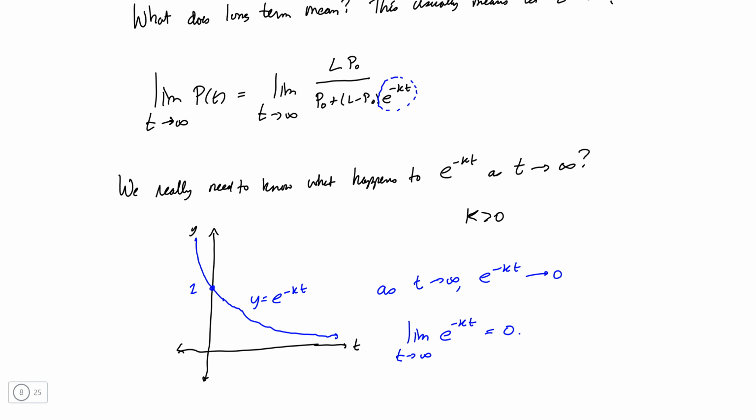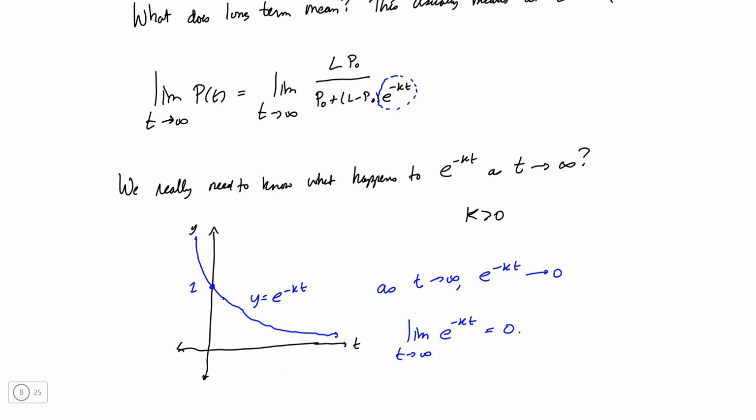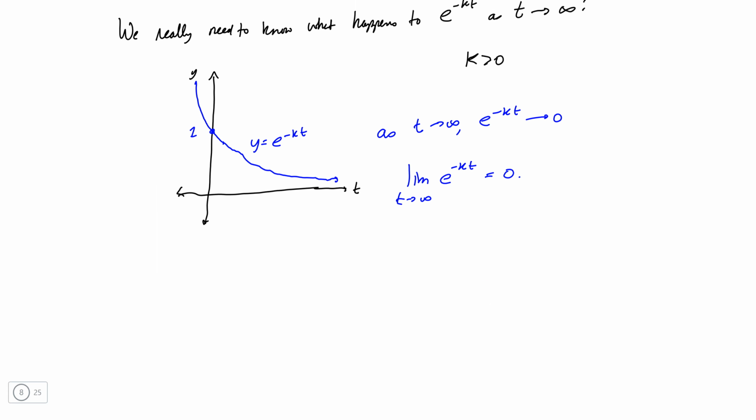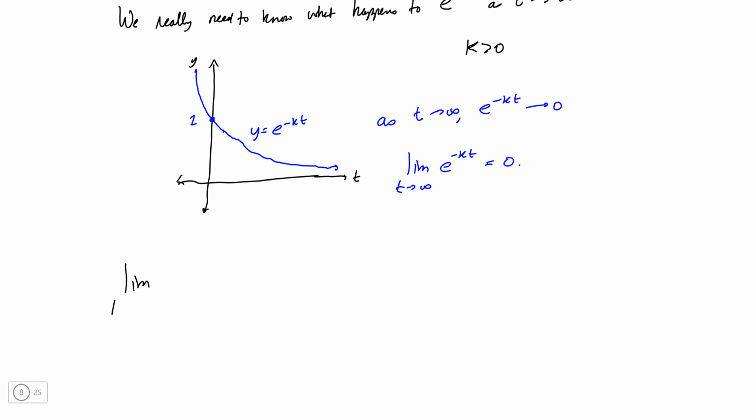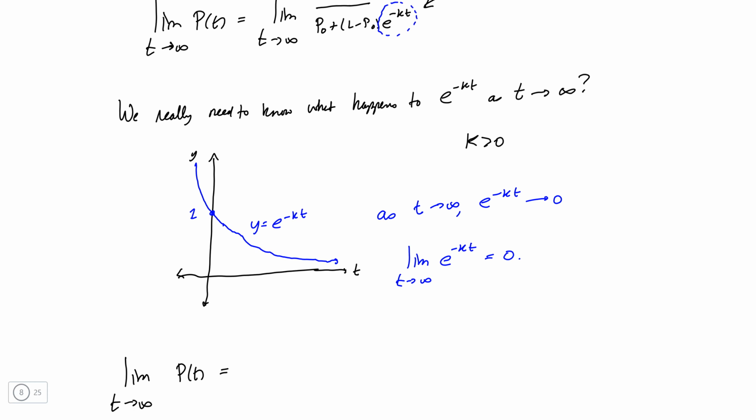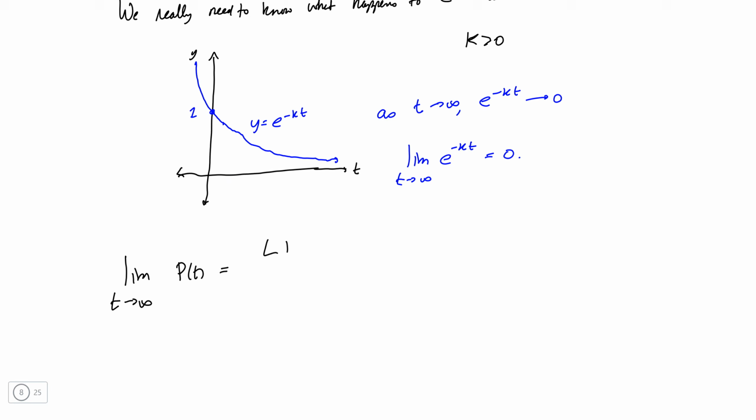So if we look back up at our equation, this part that I have circled in blue for our limit up here is going to go towards 0. So the limit as t goes to infinity of P of t should be equal to L P0 over P0 plus L minus P0, but that part there is going towards 0.